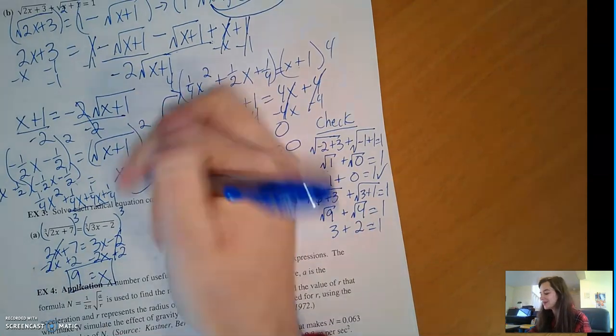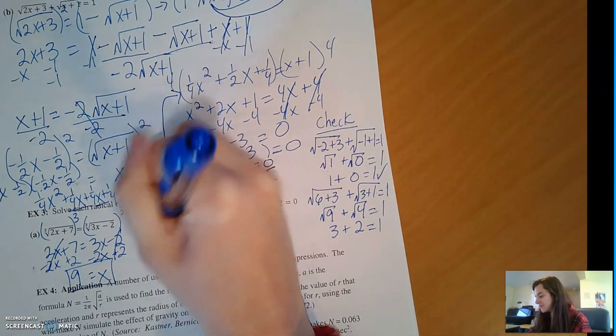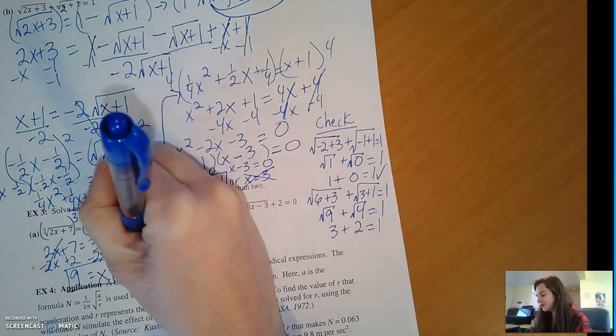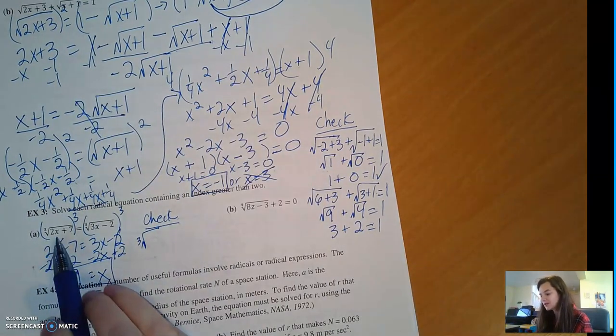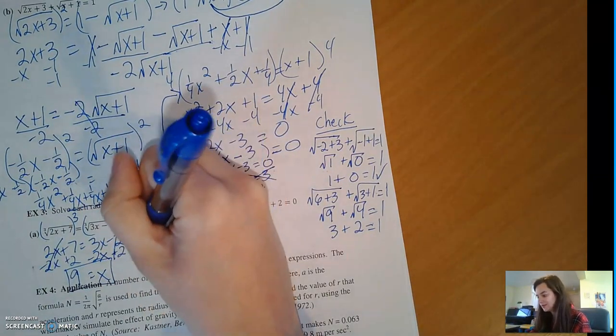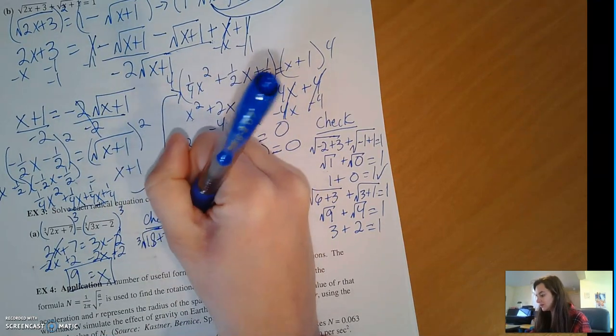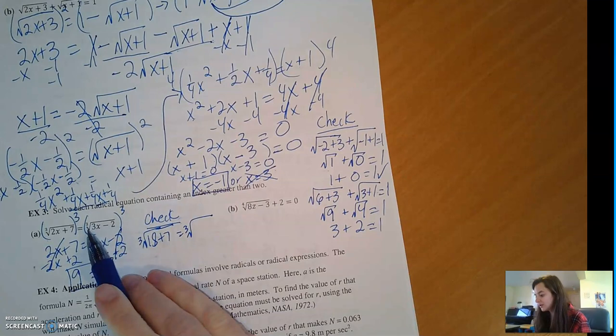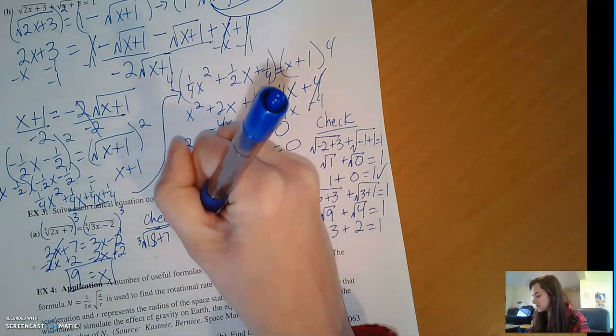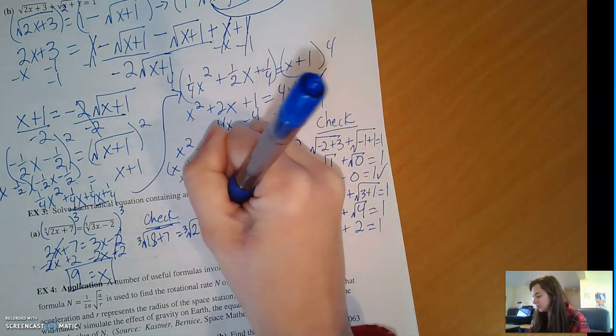Okay? So if I check my work, I would have the cube root of 2 times 9, which is 18, plus 7 on that side. And on the right side, I'd have the cube root of 3 times x, so that'd be 3 times 9, which is 27, minus 2.